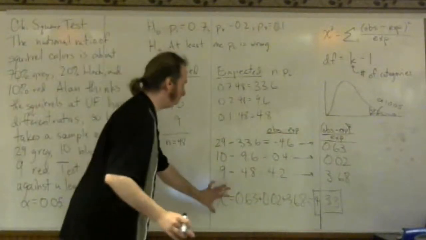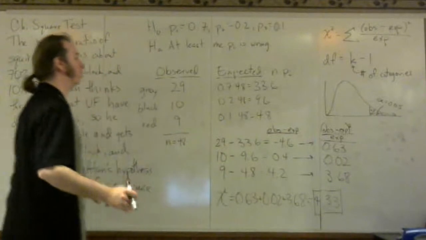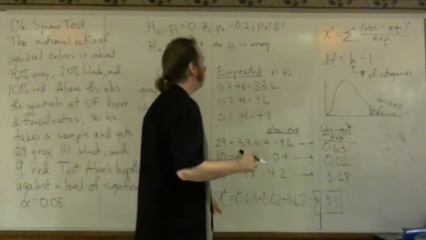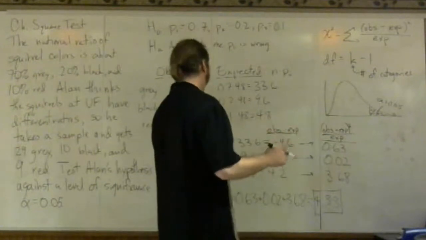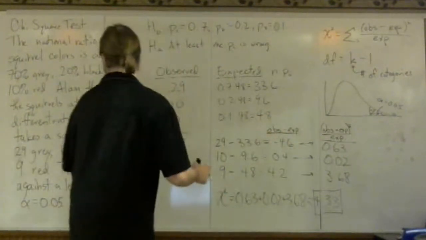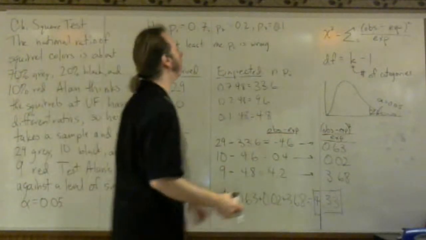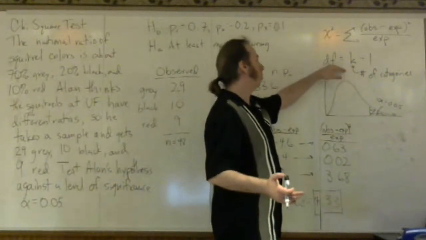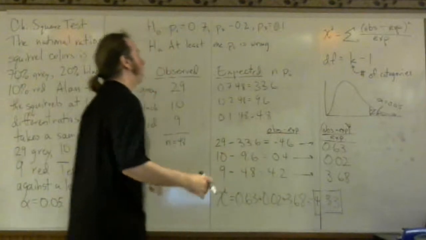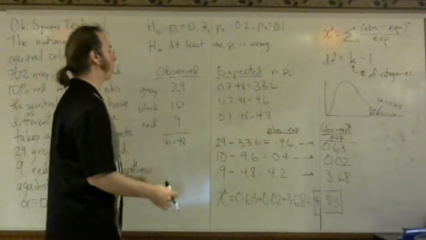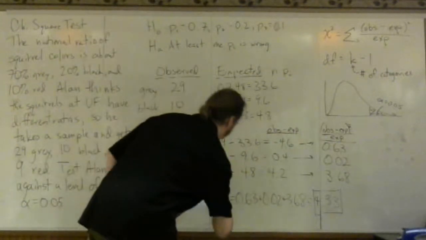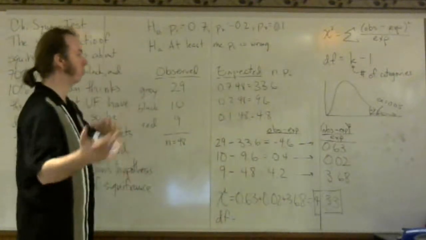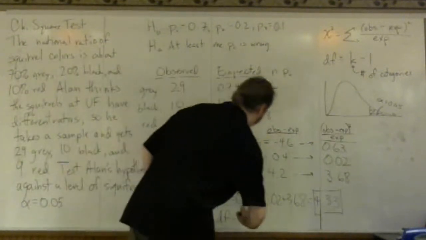There's a separate table for looking up chi-squared values. For that, I need the chi-squared value or a probability, and I need the degrees of freedom. For the chi-squared, degrees of freedom are k minus 1, where k is the number of categories. For this particular example, I've got 3 different categories, so my degrees of freedom is 2.